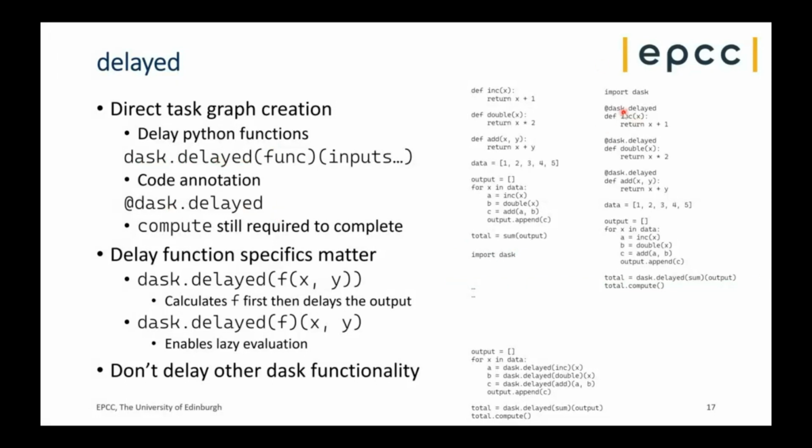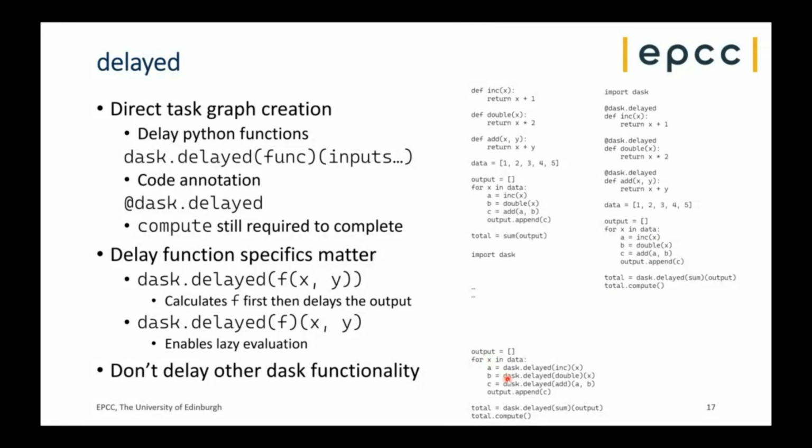So if I annotate my code here, I just tell Dask these functions are all delayed, and it will automatically, everywhere they are used, build that into a task graph, and then I can say I want to get the sum output of the delayed function and compute it here. So that's the equivalent of this over here, but that will run this in parallel where it can. Where increment, double, and append can all be done in parallel, it will do that.